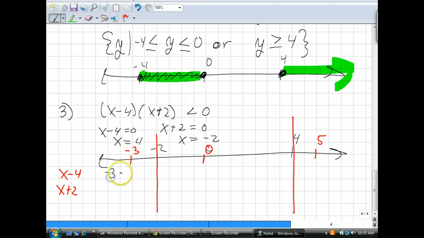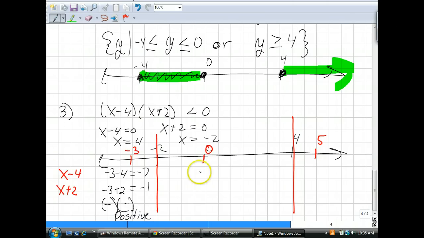So if I put negative 3 in for x, this equals negative 7, and negative 3 in for x in this one, I get negative 1. So I have a negative times a negative. That's always going to be a positive.